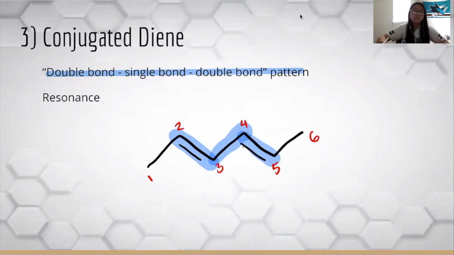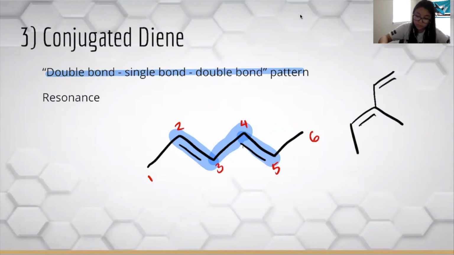Remember, just because you can rotate around single bonds, sometimes it won't look perfectly like a zigzag pattern. So for example, if I drew something that looked like this, it also has the same pattern: double bond, single bond, double bond.